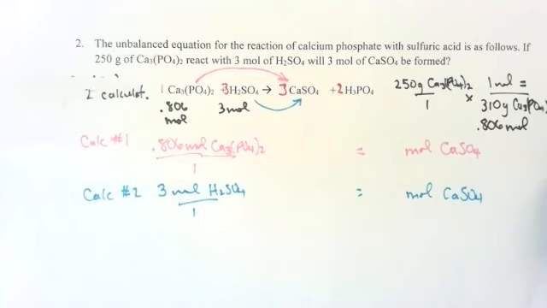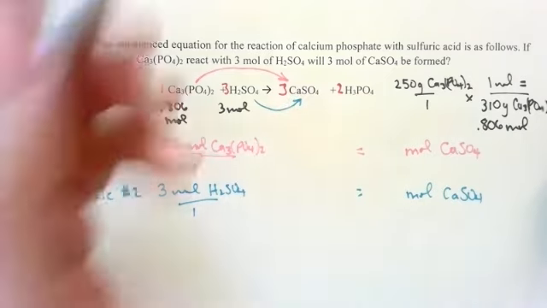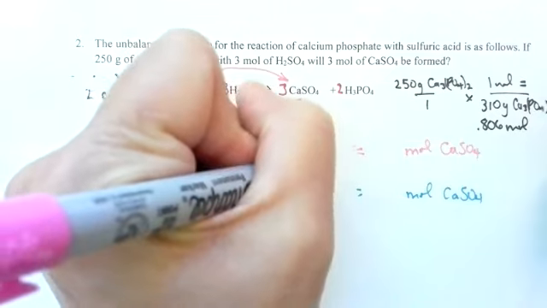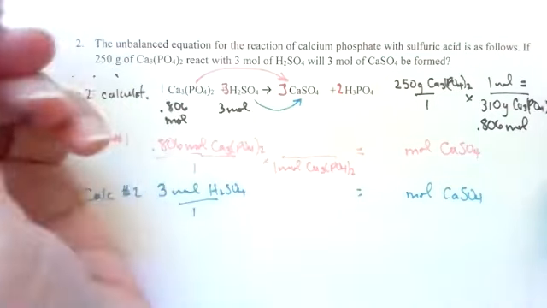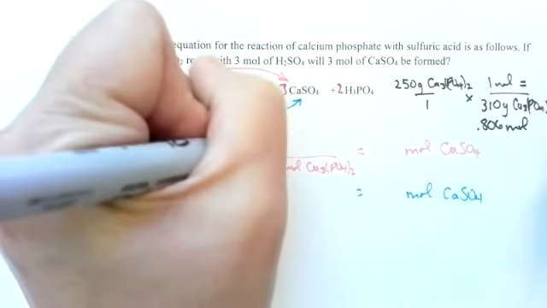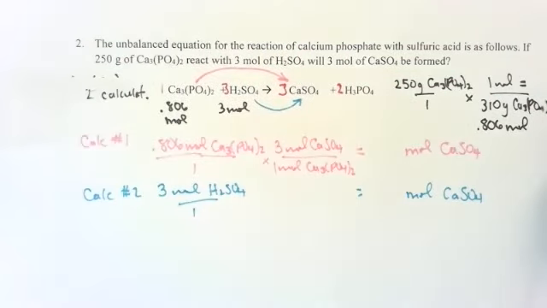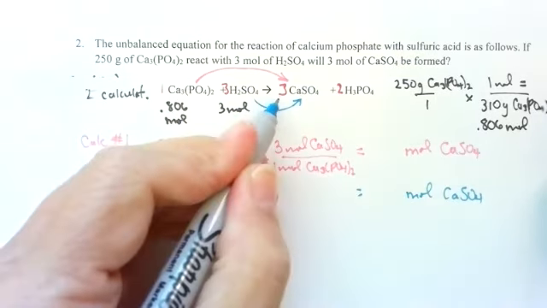Well, if I'm going to go mole to mole, I'm going to need a mole ratio. And calcium phosphate to calcium sulfate has a 1 to 3 mole ratio. So I'm going to put 1 mole Ca3(PO4)2 to the 3 moles of calcium sulfate. And down here, I have a 3 to 3 ratio. I have 3 moles of sulfuric to 3 moles.